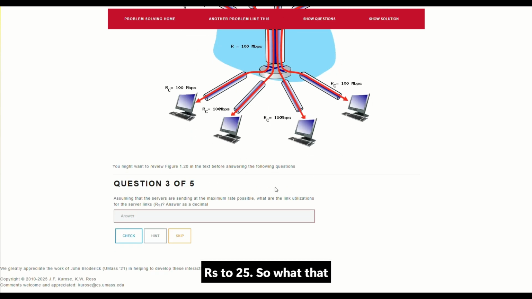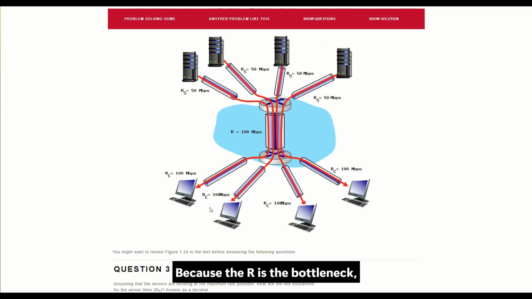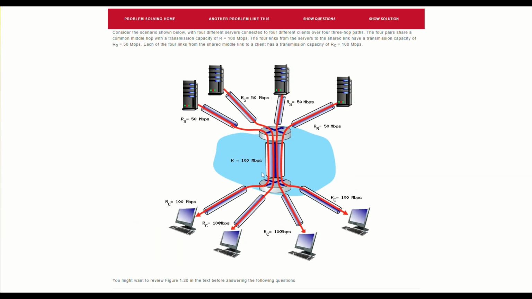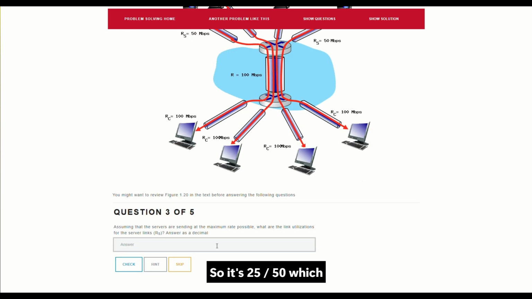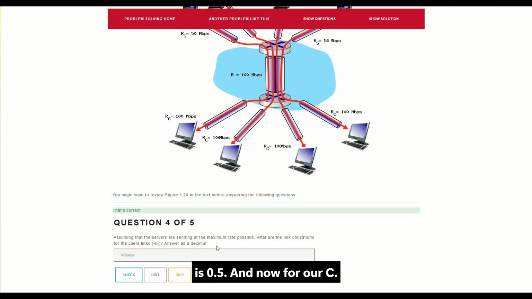So what that means is, because R is the bottleneck, the bottleneck can only handle 25 megabits per second of data from every server. So it's the bottleneck over RS, right? So it's 25 over 50, which is 0.5.